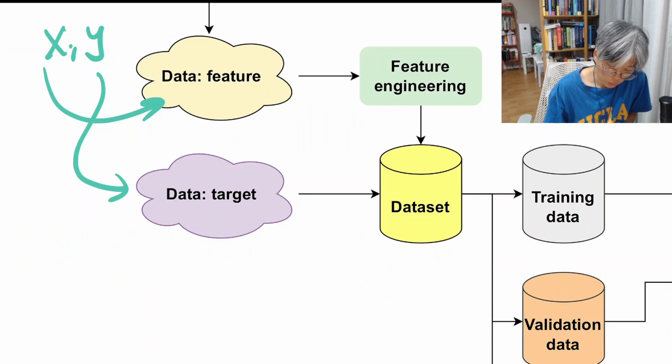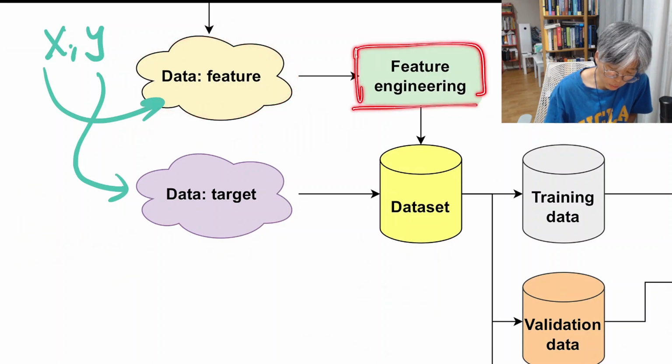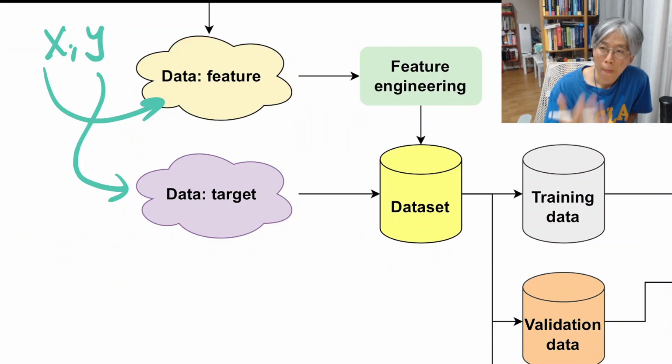In this diagram, this is the raw signal input, and sometimes you have to perform feature engineering.